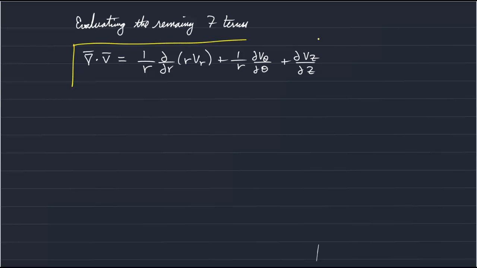And this was a little bit more complicated to evaluate because, again, the base vectors in cylindrical coordinates depend on theta. So we had to evaluate those derivatives to get this expression.